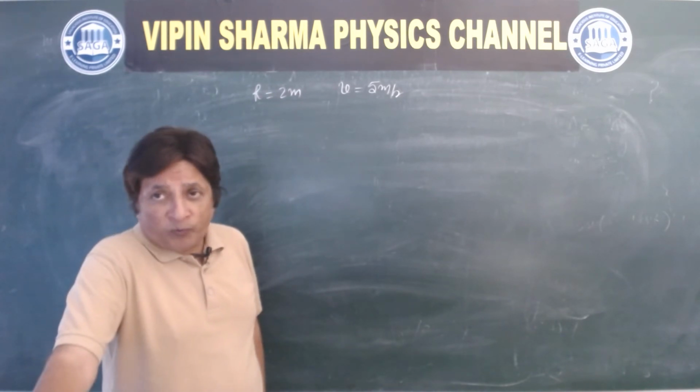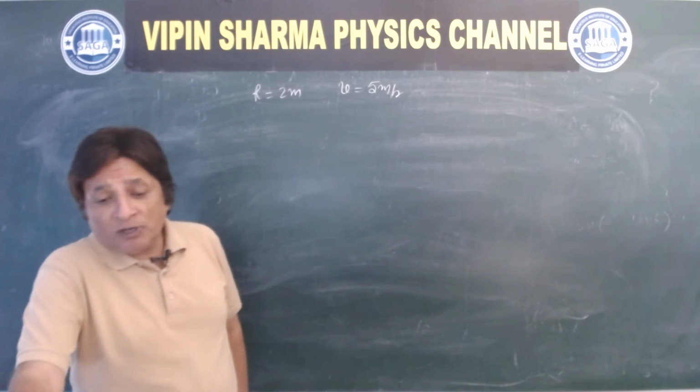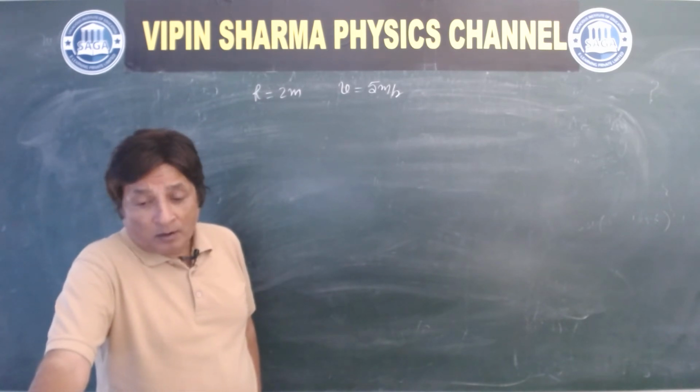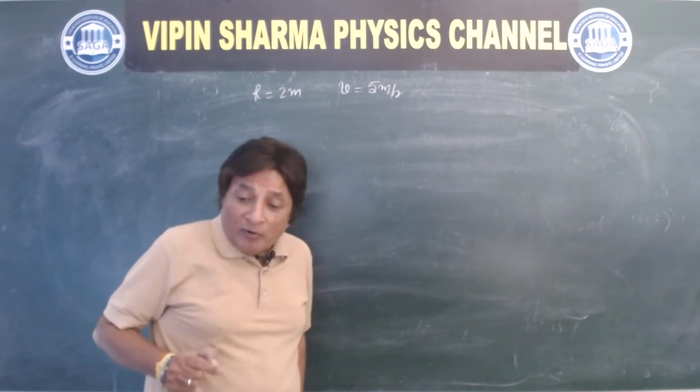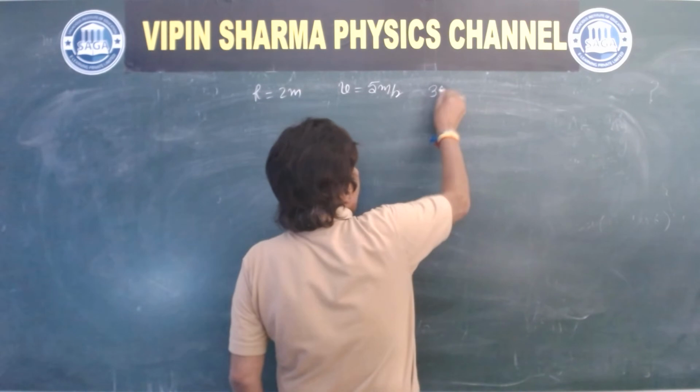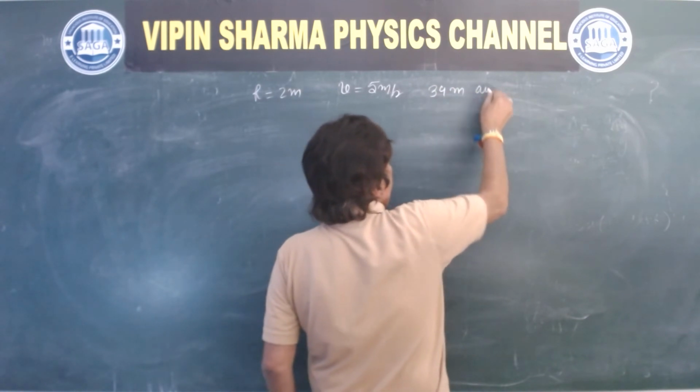How fast does the image of the jogger appear to move when the jogger is 39 meter away?